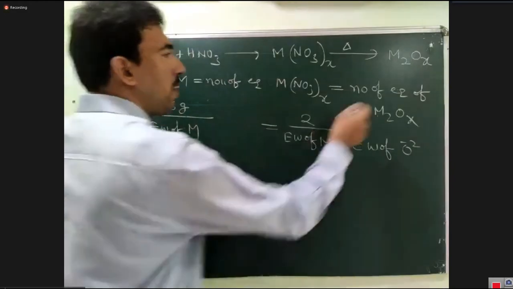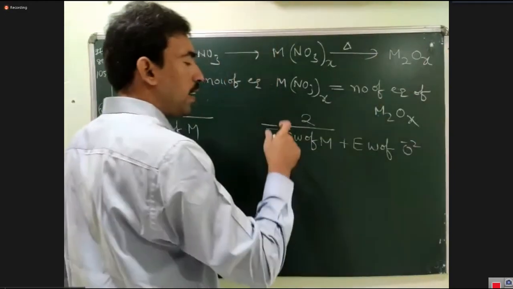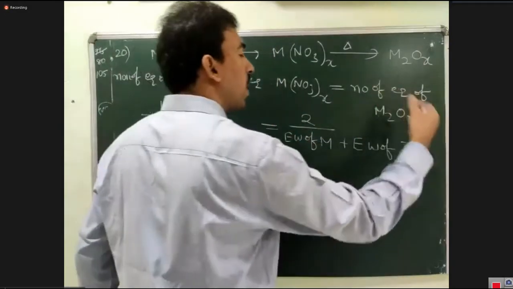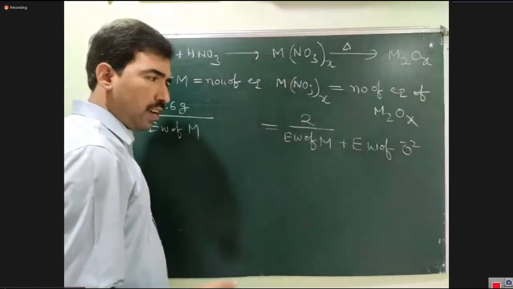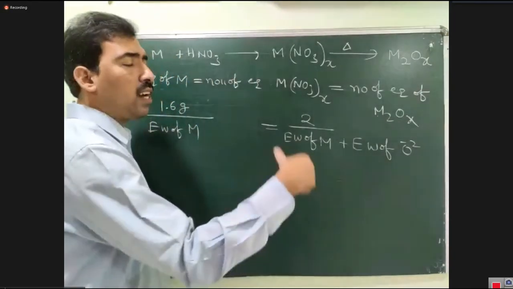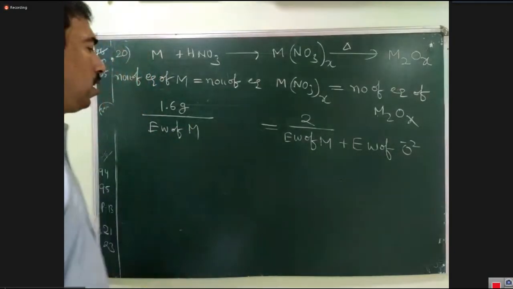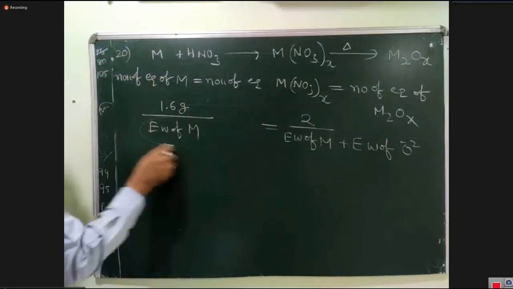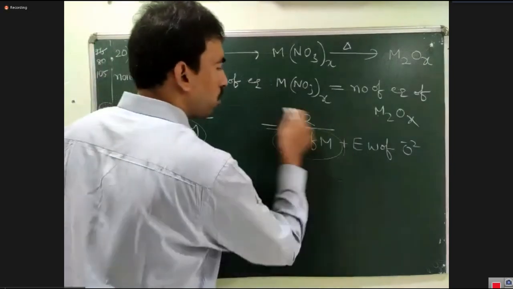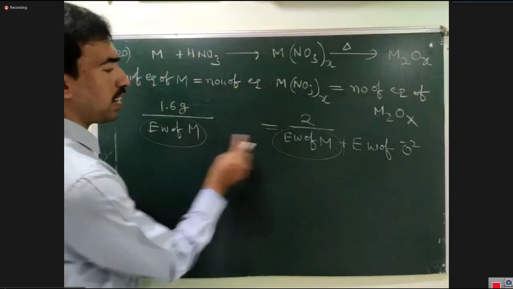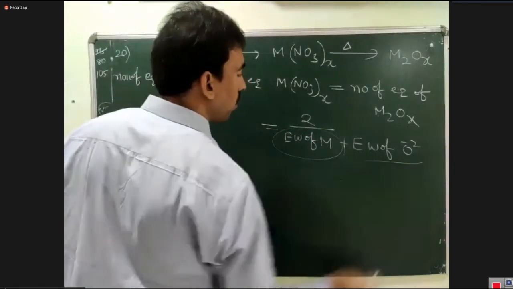So the equivalent weight of metal oxide is equal to the equivalent weight of metal plus the equivalent weight of oxide. Similarly for metal carbonate, the equivalent weight of metal plus the equivalent weight of carbonate is the equivalent weight of metal carbonate. You don't know this, and you also don't know this, but both are the same, the equivalent weight of metal. Only the oxide you put there.